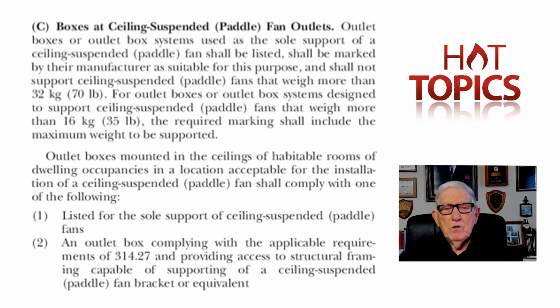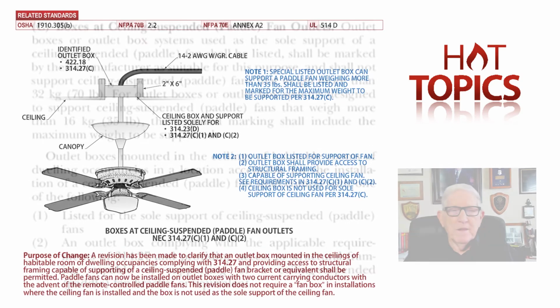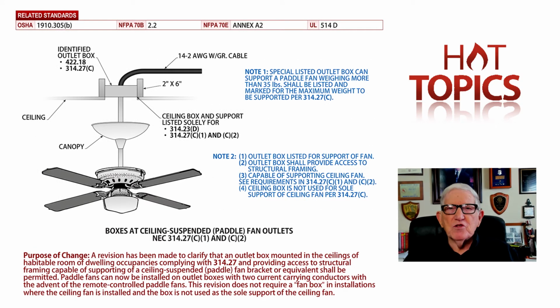Now we're going to take a look at an illustration showing such an installation from the Stallcup's Illustrated Code Change book. Let's start with the purpose of the change at the very bottom of the illustration. Notice it's a revision, and the revision clarifies, when you're reading through it, where these outlet boxes may be required, or maybe just one in a room required.